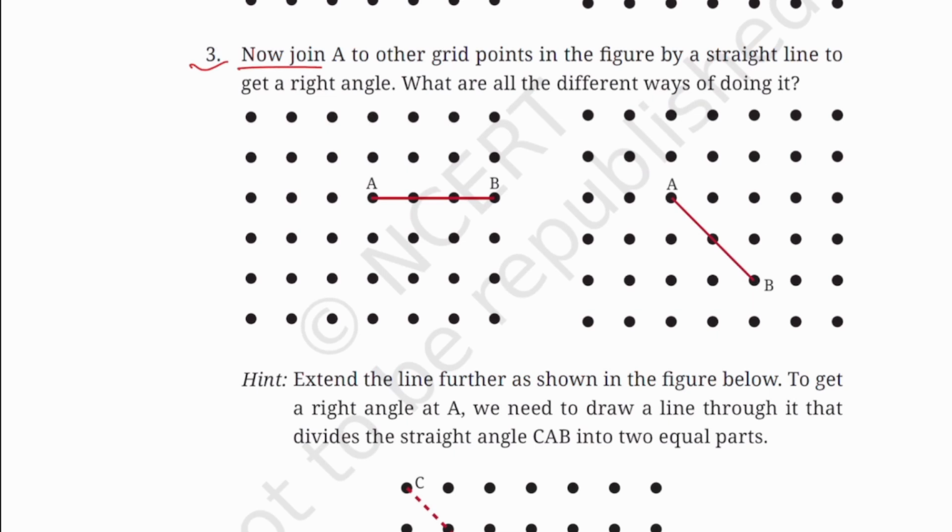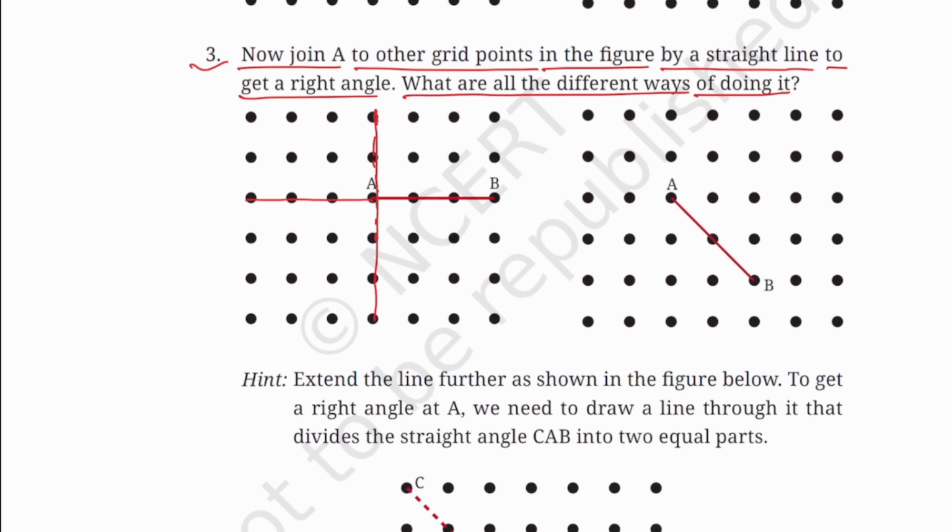3. Now join A to other grid points in the figure by a straight line to get a right angle. What are all the different ways of doing it? For simplicity, you can make a straight angle like this and divide it into two halves.